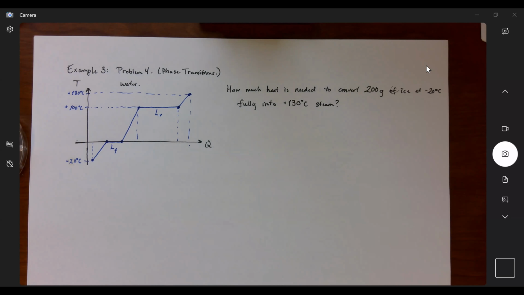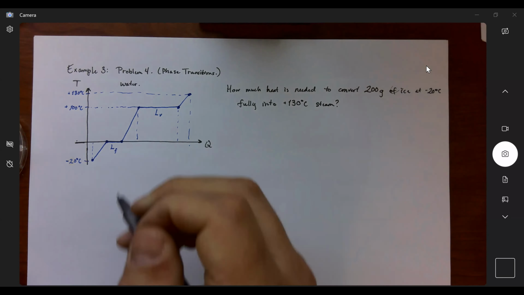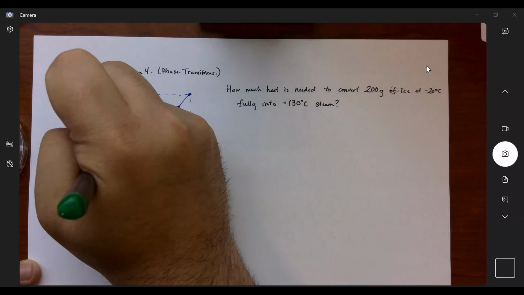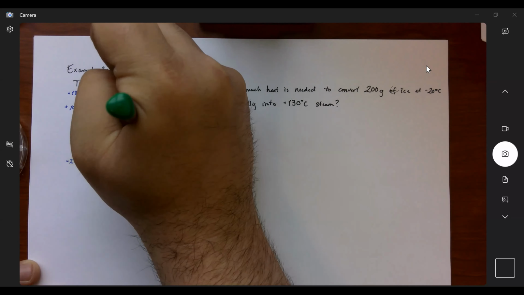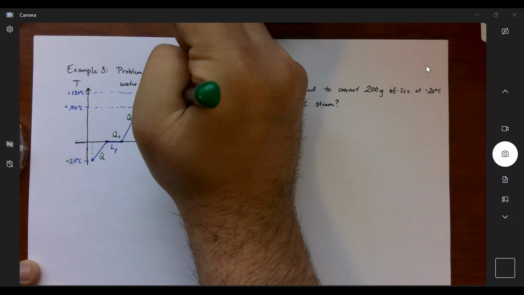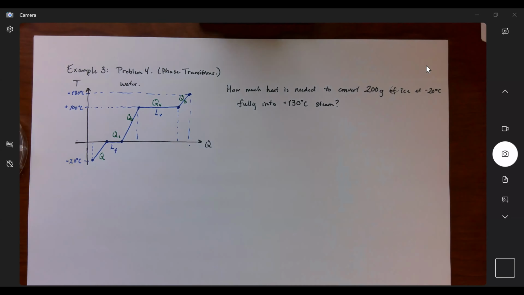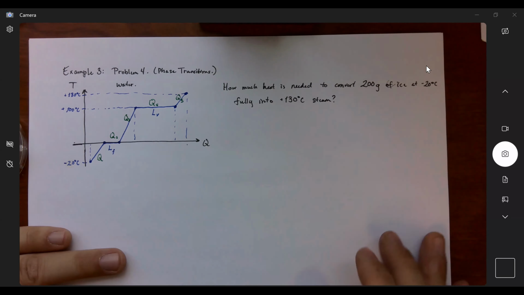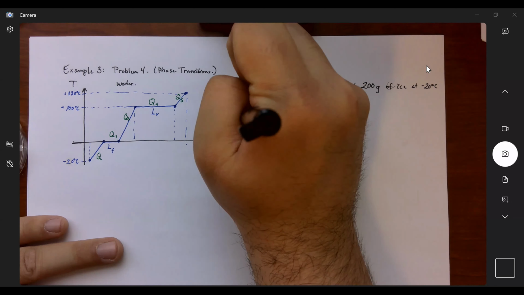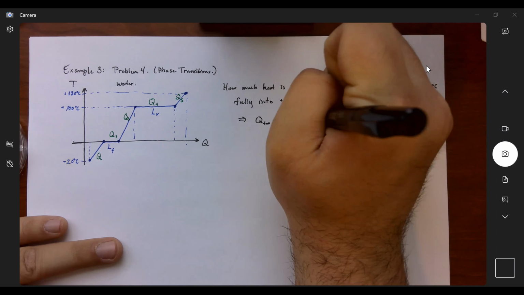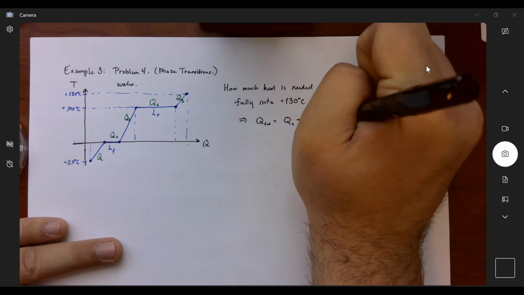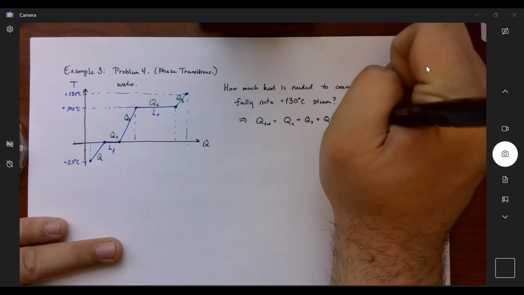All right, so I'm going to designate certain areas on this graph here. I'll call this Q1, I'll call this Q2, Q3, Q4, and Q5. All right, and here, what we want to ultimately get is Q total, which should be equal to Q1 plus Q2 plus Q3 plus Q4 plus Q5.